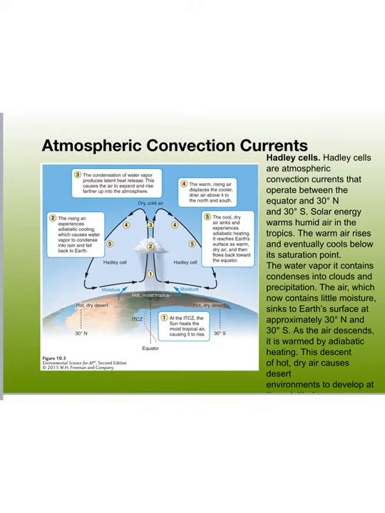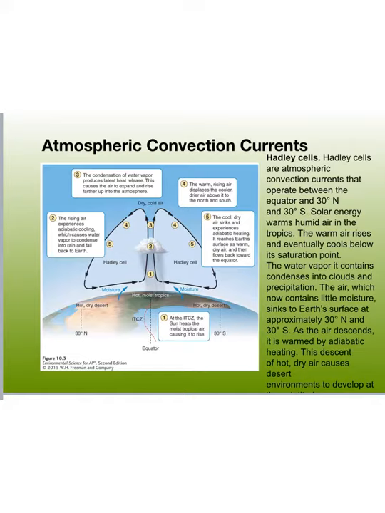So perhaps it'll be a little clearer here. The one that we see a lot in test questions and that you hear a lot about are the Hadley cells, and these are the atmospheric convection currents that operate between 30 degrees south and 30 degrees north. All right, so solar energy warms this very, very humid air, and that warm air eventually rises to the point where it cools at its saturation point. At that point, the water vapor it contains condenses into a cloud and then forms as precipitation.